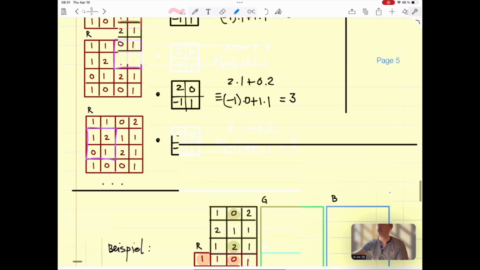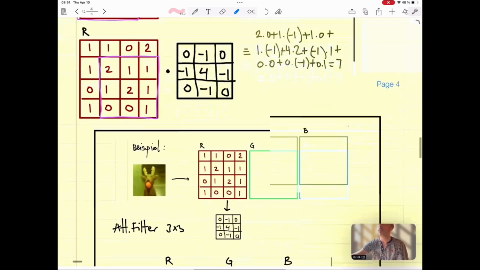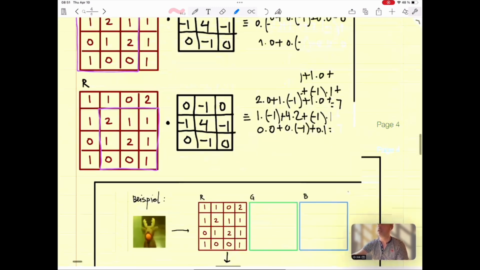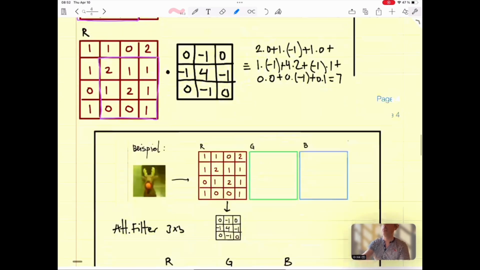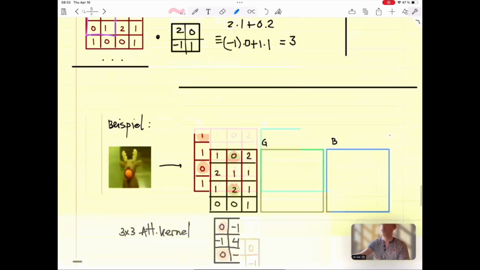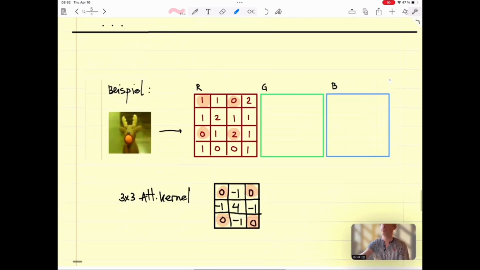We lost that information here when we did that multiplication. You remember here we have 1 times 0 here. Okay? So we lost that information. And this is sometimes not good. Sometimes you want that information because it might be relevant, okay?